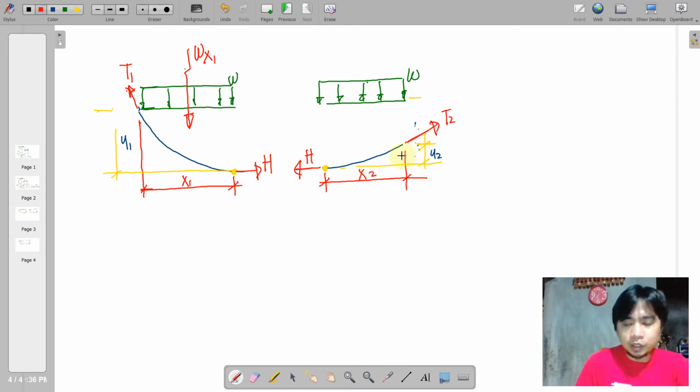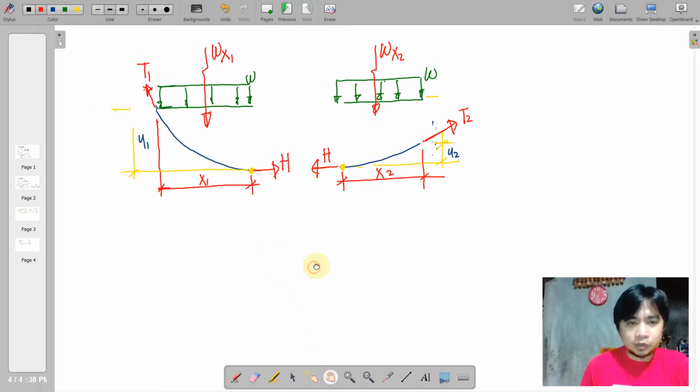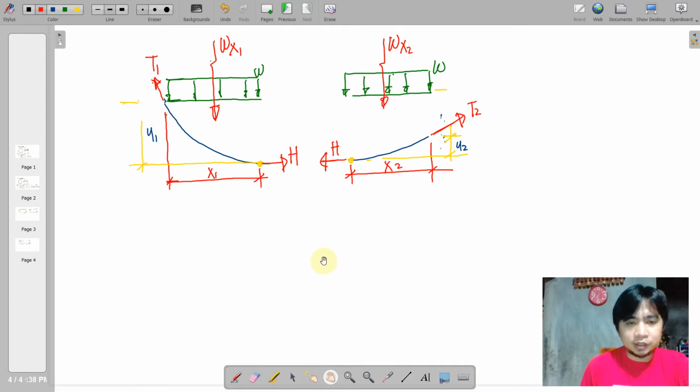And this as well has a parallel force along the cable, equivalent to the tension at point 2. We also express this into its components and treat both independently, meaning we will have an equation for the left side and another equation for the right side. So remember to work with both sides independently.